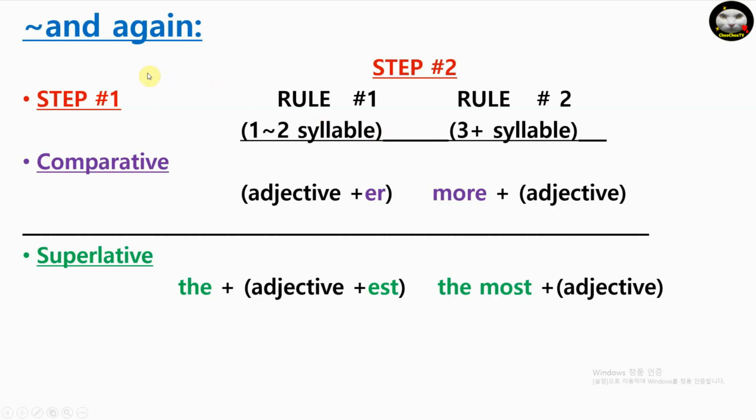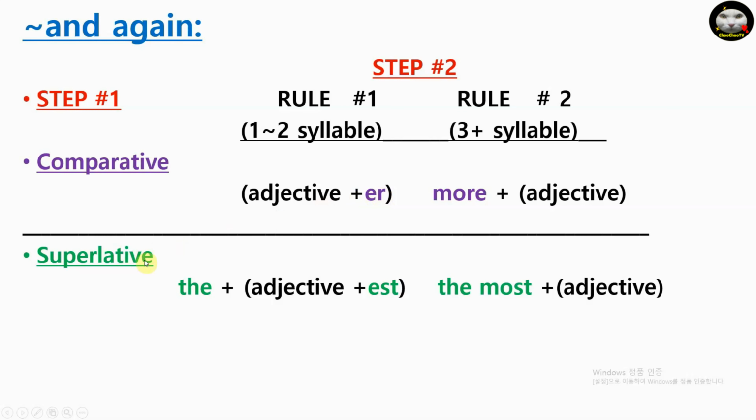So again, we have step 1, is it a comparative or superlative sentence? And then we look at step 2, is it Rule 1 or Rule 2? For comparative sentences, we add ER.